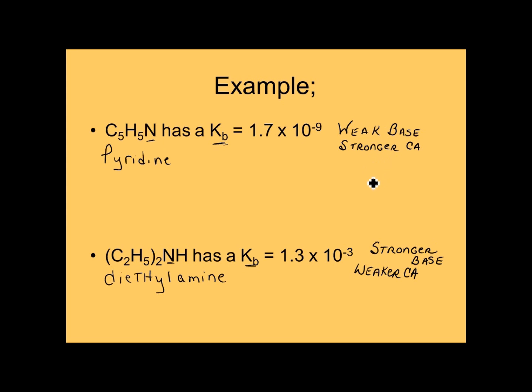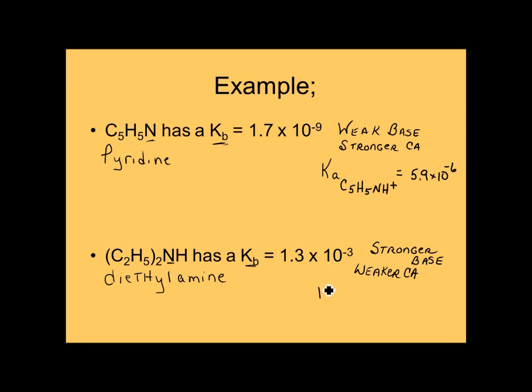All right, now mathematically what you should have found is the Ka of the conjugate acid, which has a formula C5H5NH+. If you plug that into your calculator, you'll find it to be 5.9 times 10 to the negative 6.